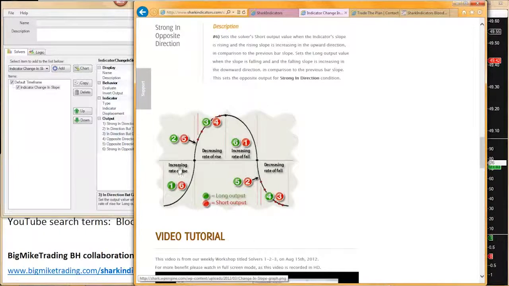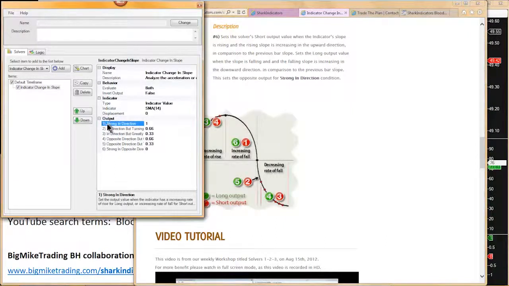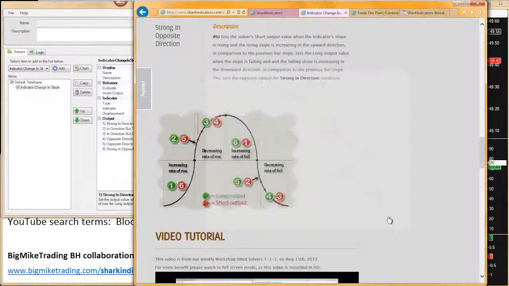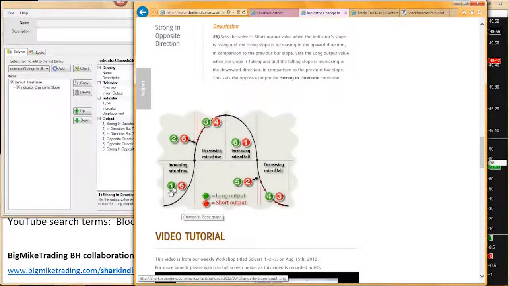So if your indicator is increasing in its rate of rise, and you have output number 1 set to 1, then let's close that. Then you're going to get a long output, because your indicator is rising.